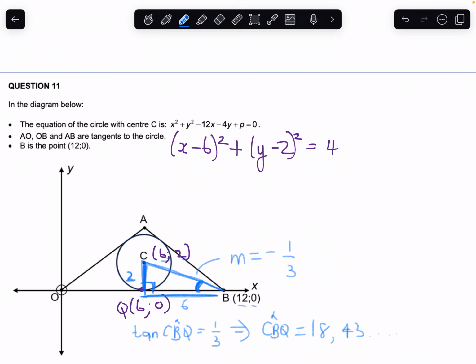Then they say triangle ECB is congruent to triangle QCB. Where's E? Where does E come from?